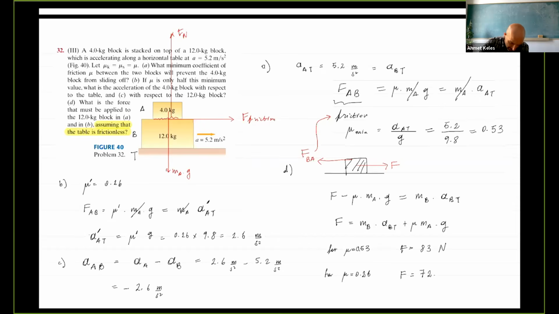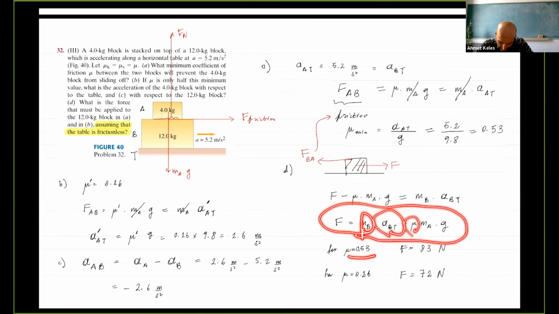Okay, forget about the decimals, it's about 70 Newton. Okay, I think this last part is not a valid statement, but I think we know what they mean, right? What they mean is calculated for mu equal to 0.53 and calculated for mu equal to 0.26. And the equation is the same equation. F is this equation, and M_B is known, a is known, mu is either 0.53 or 0.26, M_A and g. Everything else is known.